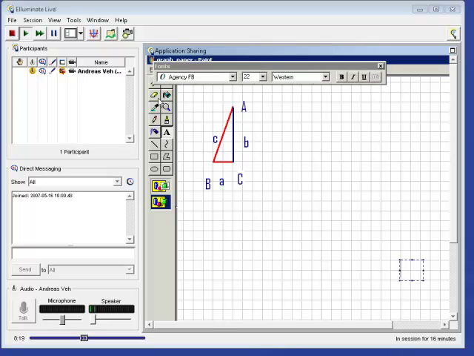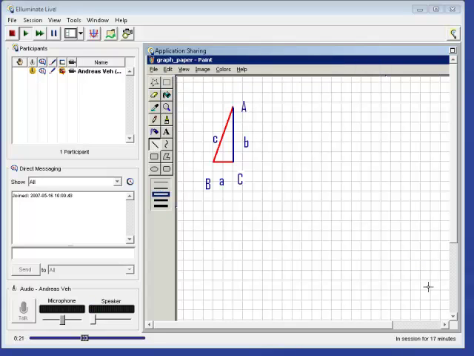Okay, that was unfortunately text, so let's see what we get here. 2, 4, 6, 8, 10, and 12. Then we're going to do the hypotenuse, which it says is 13.